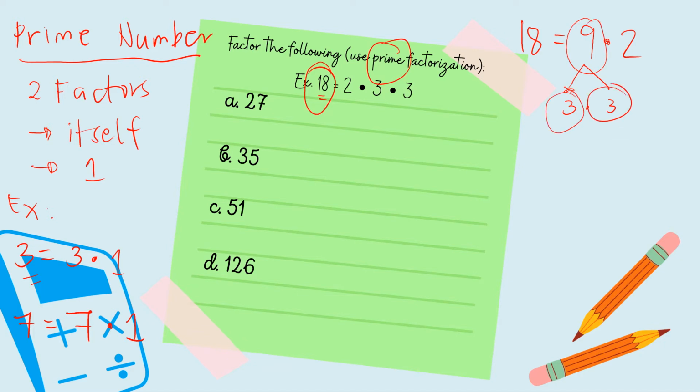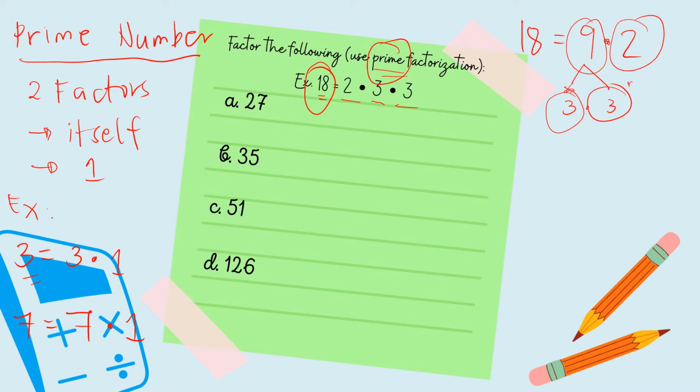And those are 3 and 3. Tapos, 2 is already a prime number. That's why, if we are going to express 18 in prime factorization, that will give you 2 times 3 times 3, where all these factors are prime numbers.